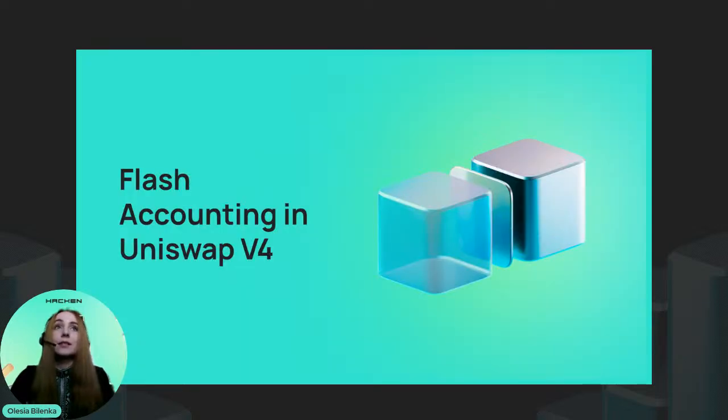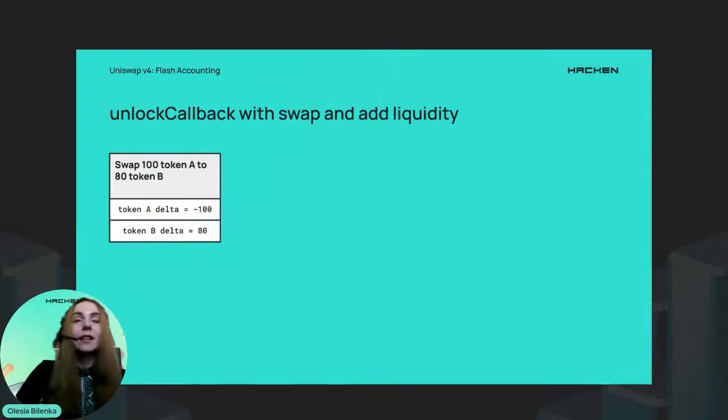This is the next topic in our agenda, and it is based on the knowledge we just obtained. So imagine an unlock callback with both swap and add liquidity calls. Just like in our previous example, first the swap is executed.